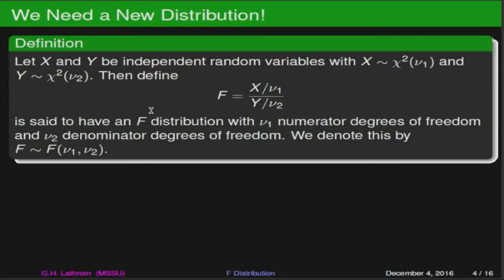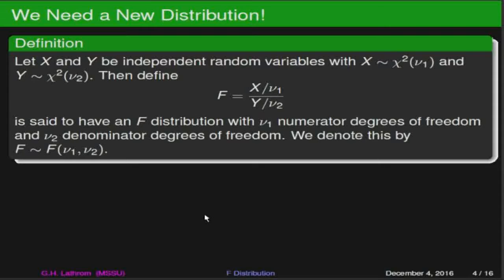And we're going to define this new random variable F, capital F, which is going to be the ratio of those two: x over nu sub 1 divided by y over nu sub 2. An expression that has this particular distribution is said to have an F distribution with nu sub 1 degrees of freedom for the numerator, nu sub 2 degrees of freedom for the denominator. And of course, not surprisingly, that's going to be how we denote our F distributions.